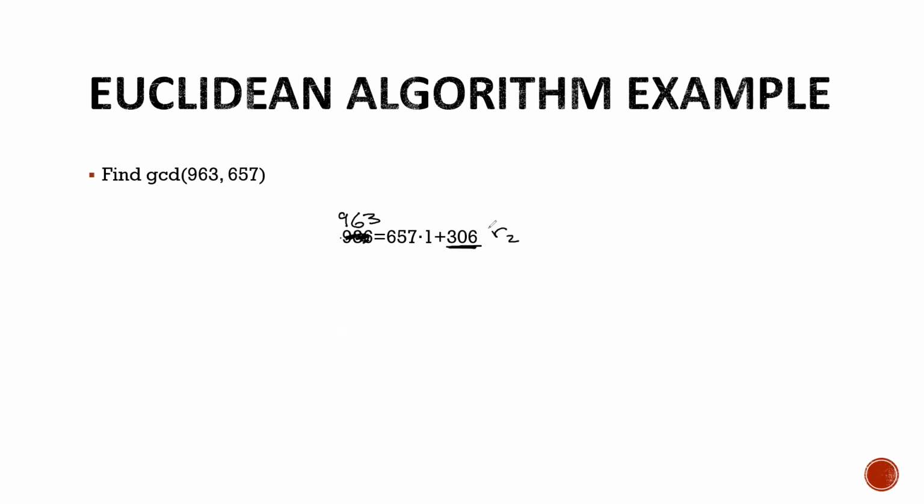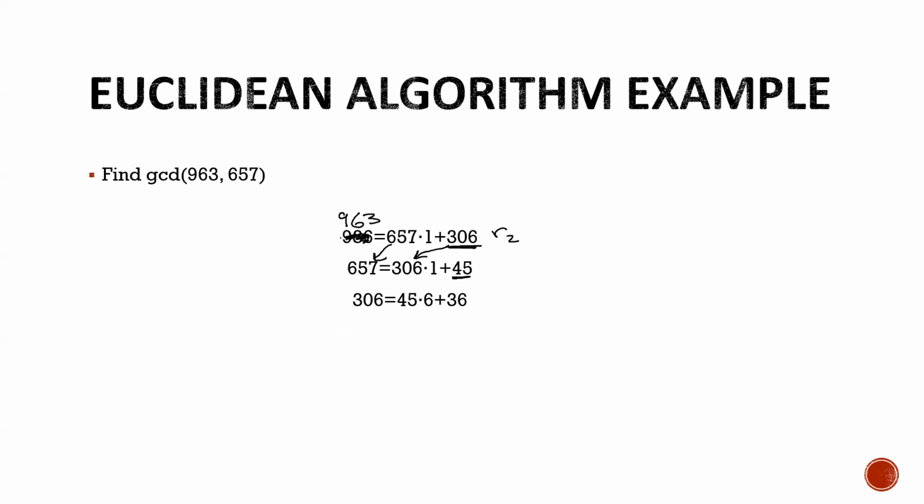Now what I'm going to do, because remainder 2 is clearly not 0, is execute it again, except this time 657 is going to come over here. I'm going to say how many times does 306 go into it, and I get a new remainder here, which is R3. R3 is clearly not 0, so we execute the process again. So we get 306 equals 45. How many times with what remainder? Well, it's 36.